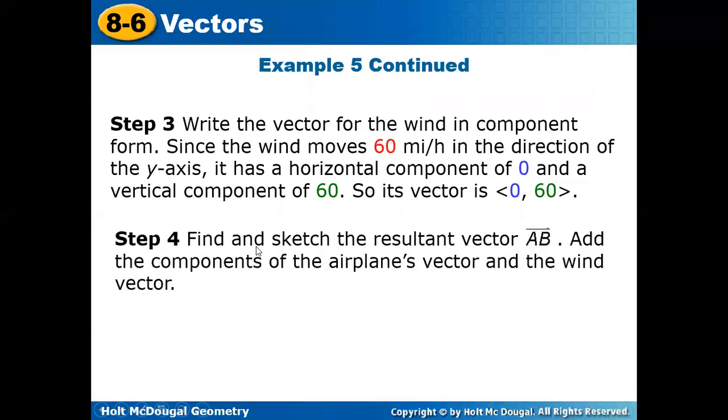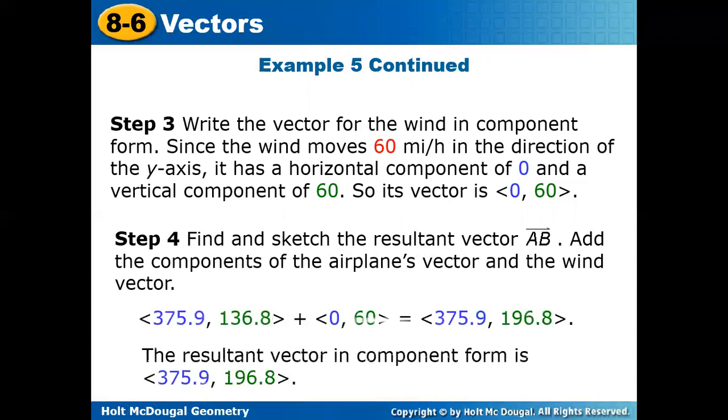Now find and sketch the resultant vector AB and add the two components of the airplane and the wind vectors. So we just add them like this.